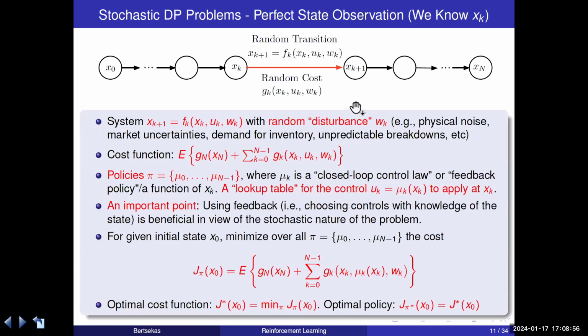Questions here? Why don't we have just one policy function, rather than mu0 through mu(n minus 1)?